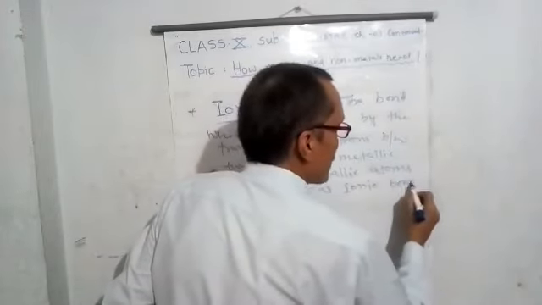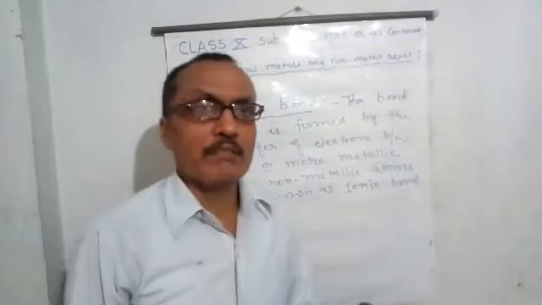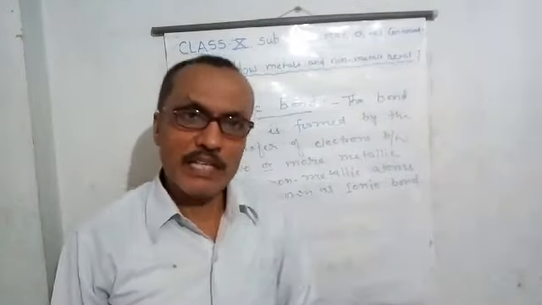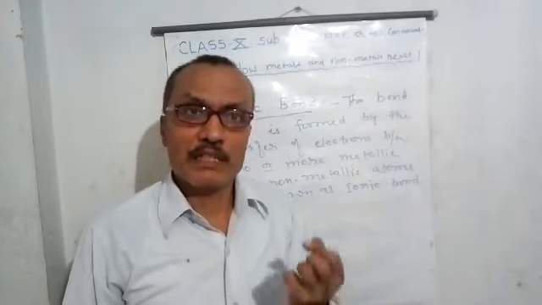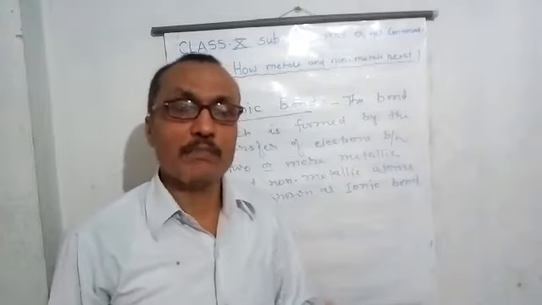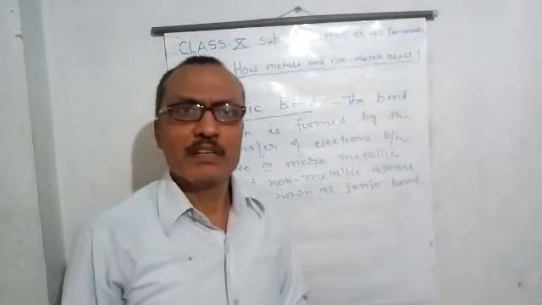So compounds made from metals and non-metals are ionic because they contain ionic bond. All of them have ionic bond.